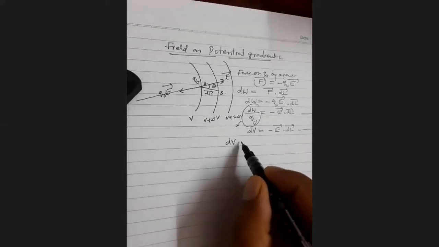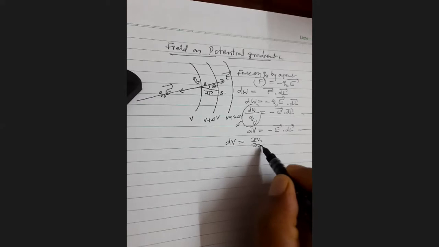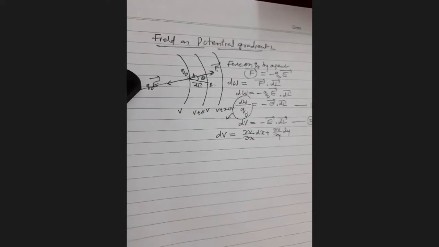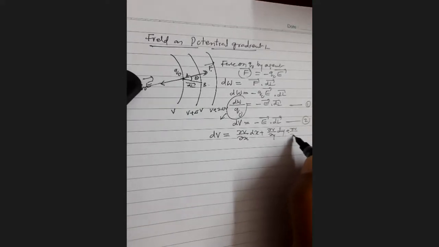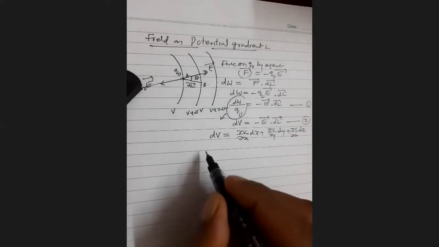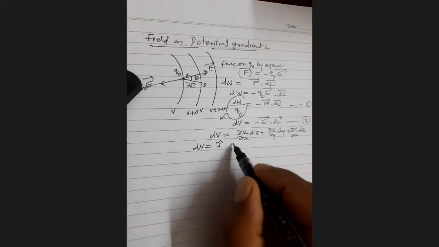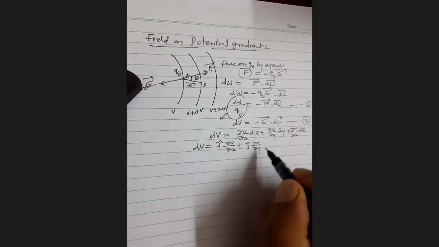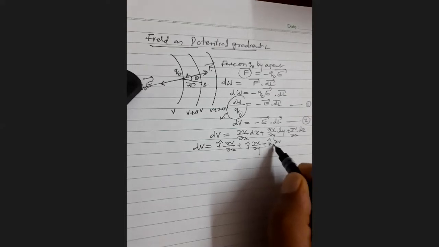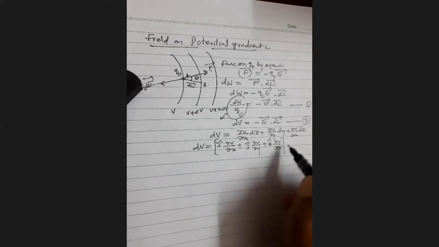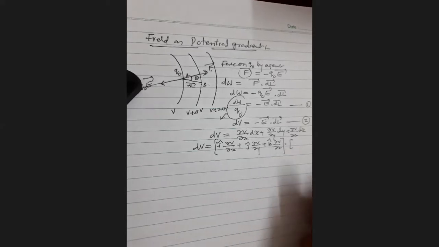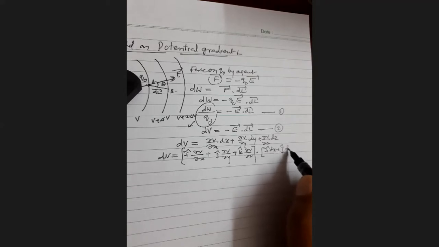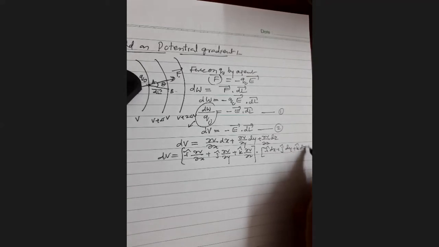But dV we can write as dou V by dou X dx plus dou V by dou Y dy plus dou V by dou Z dz. Then dV is equal to I cap dou V by dou X plus J cap dou V by dou Y plus K cap dou V by dou Z, dotted with I cap dx plus J cap dy plus K cap dz.